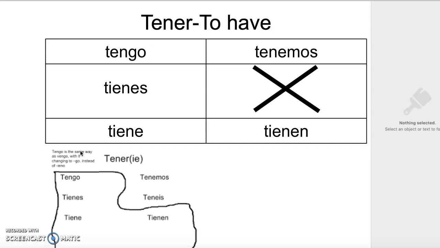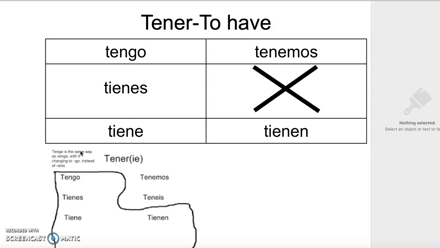Then I copy the chart that I see here: yo tengo, tú tienes, él, ella, usted, or it, singular, tiene, nosotros, nosotras tenemos, ellas, ellos, ustedes tienen. Now maybe one of you has the question, why do I have that X in that box?